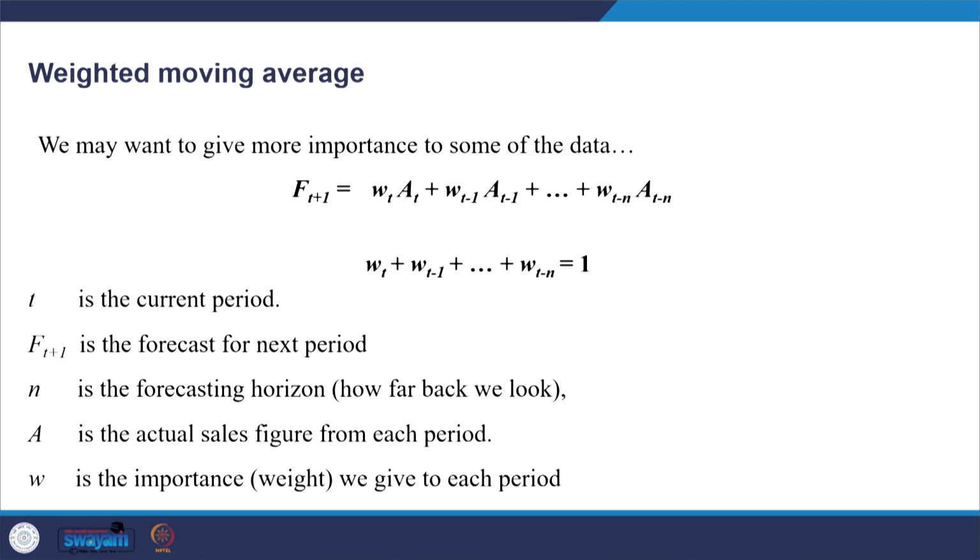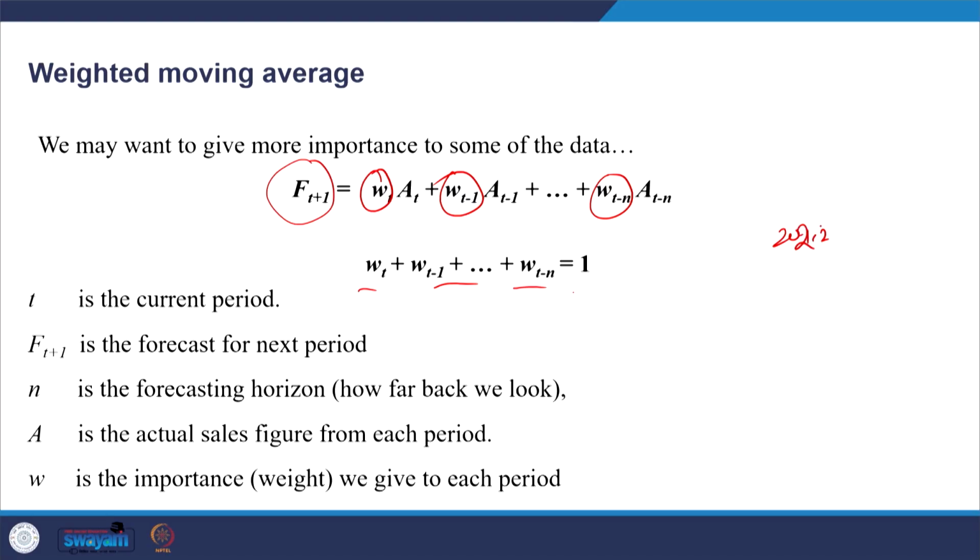On the other hand, this is the weighted moving average. We are now assigning weights, and all the weights taken together will be equal to 1. You may give the closest year the highest weight, starting with 2021, 2020, and 2019, let us say only 3 data points.